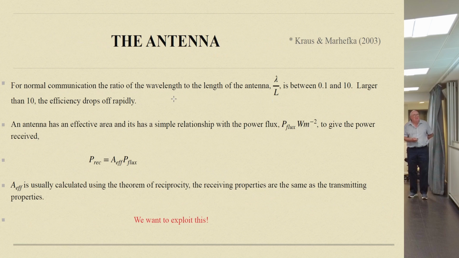An antenna also has an effective area, and it's a simple relationship with the power. This power flux multiplied by the effective area is the power you actually receive. The first one is really out of the question for us. It's this second thought that we wanted to try and exploit if we could.